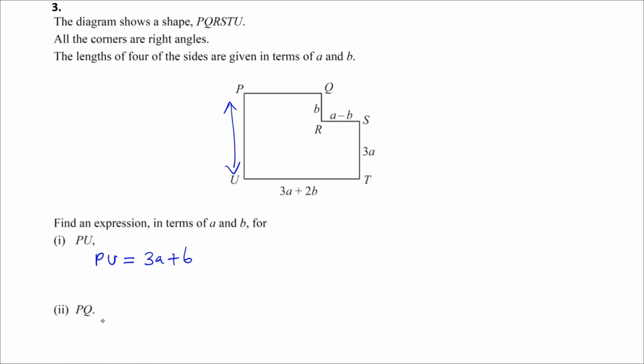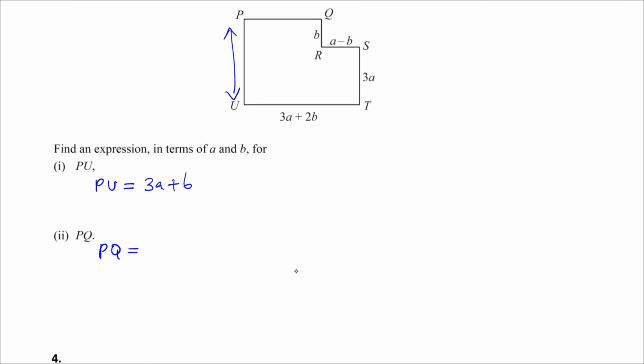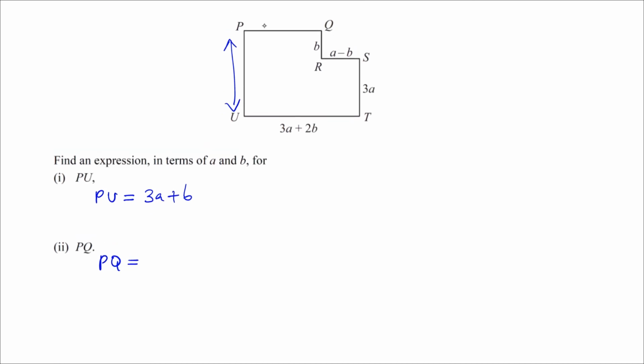And then PQ. Now PQ, if you look at this rectangle, so PQ is this distance here, and that will be equal to this distance here minus that distance there. So that will be equal to 3A plus 2B minus (A minus B).